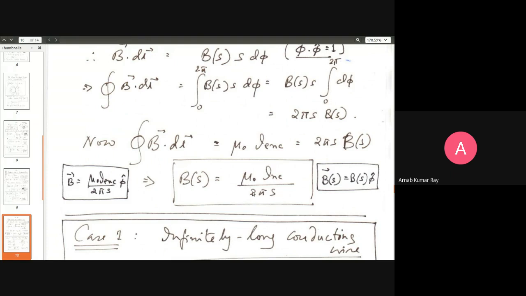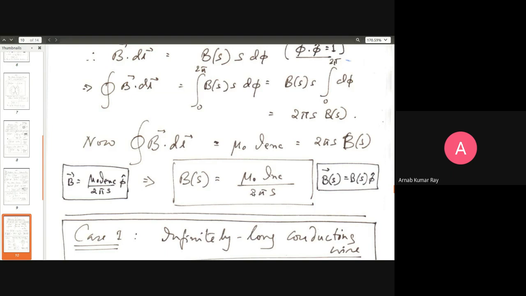Just like how do you find the electric field due to distribution of charges in spherical symmetry? We will say that 4 pi r squared into the electric field is equal to charge enclosed by epsilon naught. Therefore, E is equal to charge enclosed divided by 4 pi epsilon naught r squared.